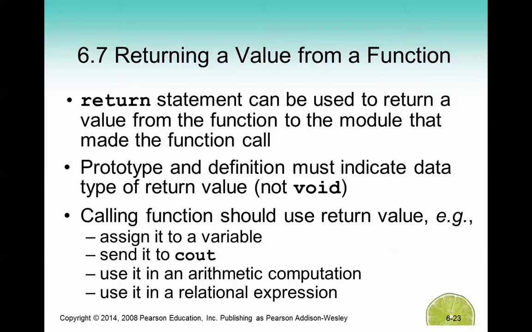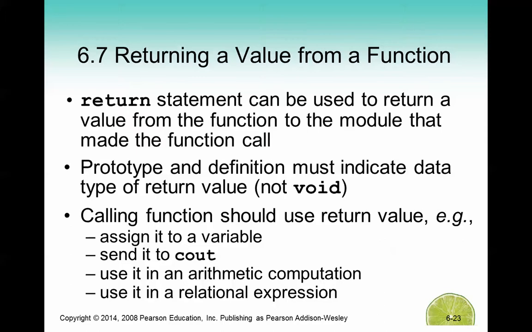When we use a return value, then void has to change. It has to match whatever we're sending back. If I'm sending back a whole number, then I have to use either short, int, or long. If I'm going to be sending back a floating point number, then I have to use my float, my double, or my long double.